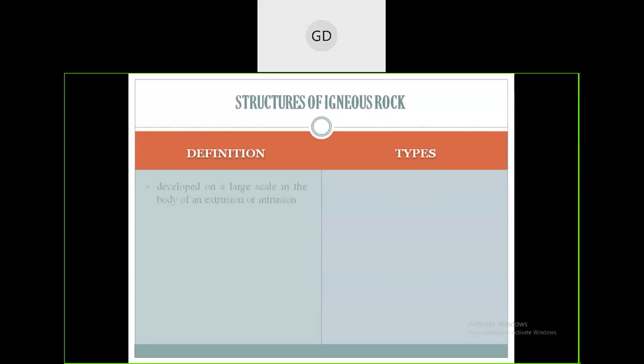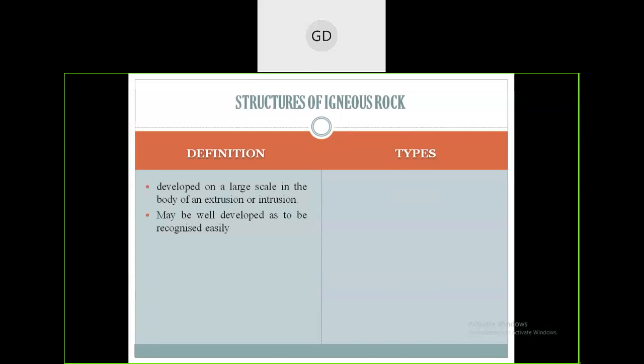The definition: it is developed on a large scale in the body of an extrusion or intrusion, that is, inside the surface of the earth or above the surface. That leads to different shapes and forms, and those are known as structures.